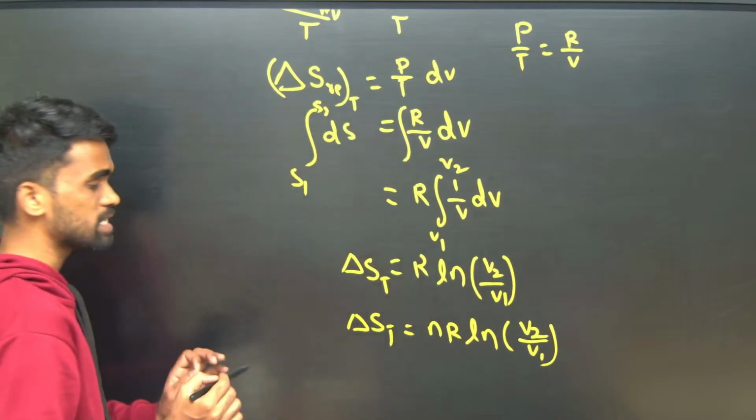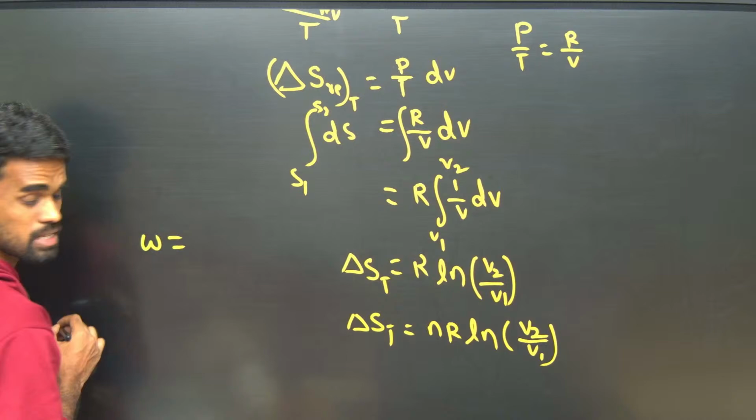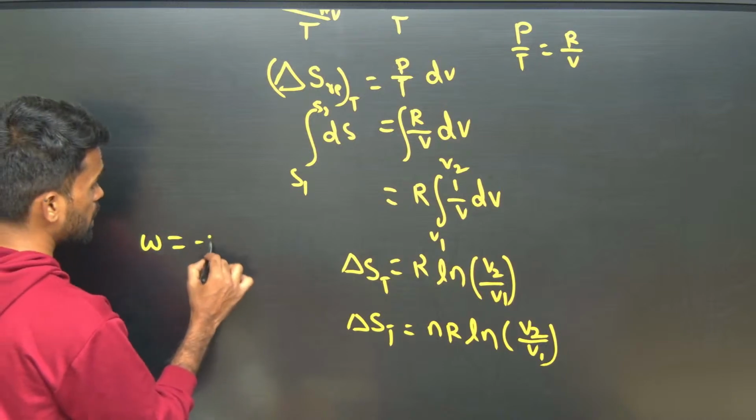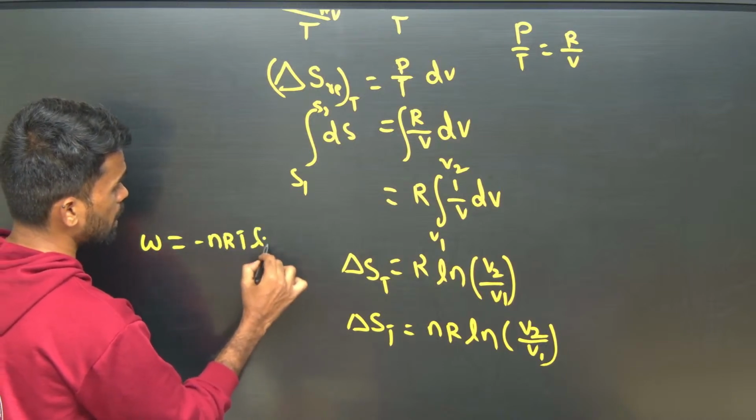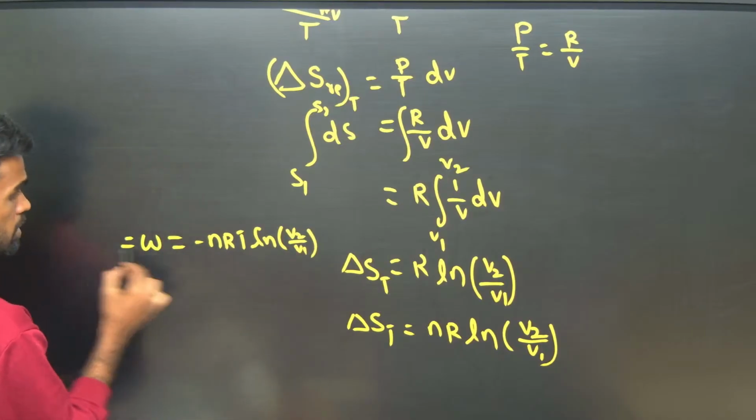You should remember these formulas. Like the isothermal work done formula we have, minus nRT ln V2 by V1.